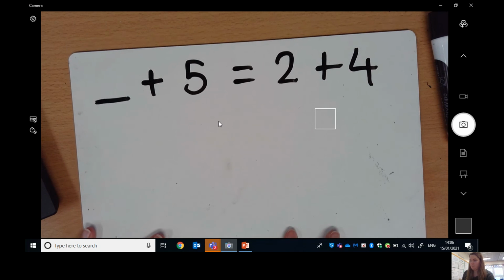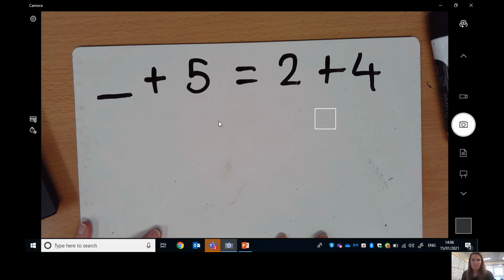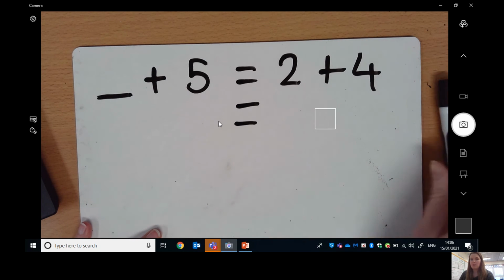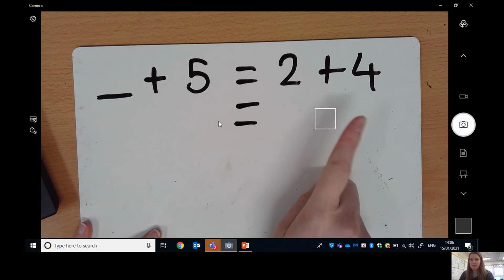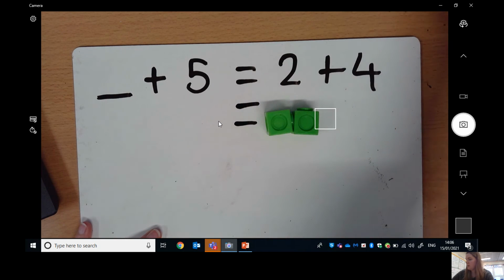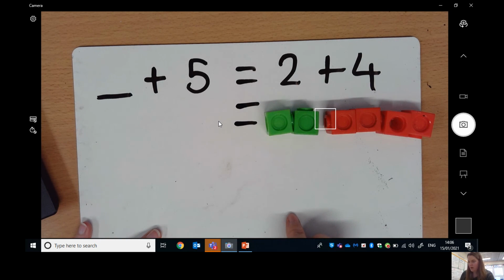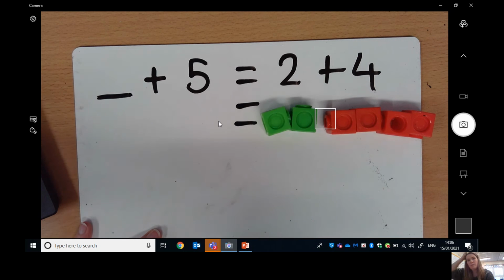I've written my sum. What should I do next? I should find my cubes. Okay, which side first? This side, because then we can figure out what we're making. Brilliant. So I'm going to get my 2 and I'm going to get my 4. Is that right? Okay. 2 plus 4 makes what?